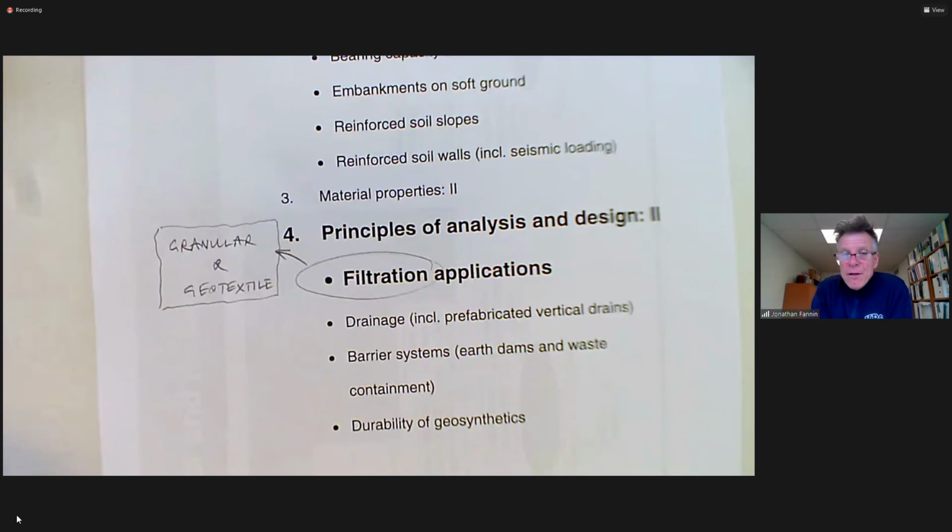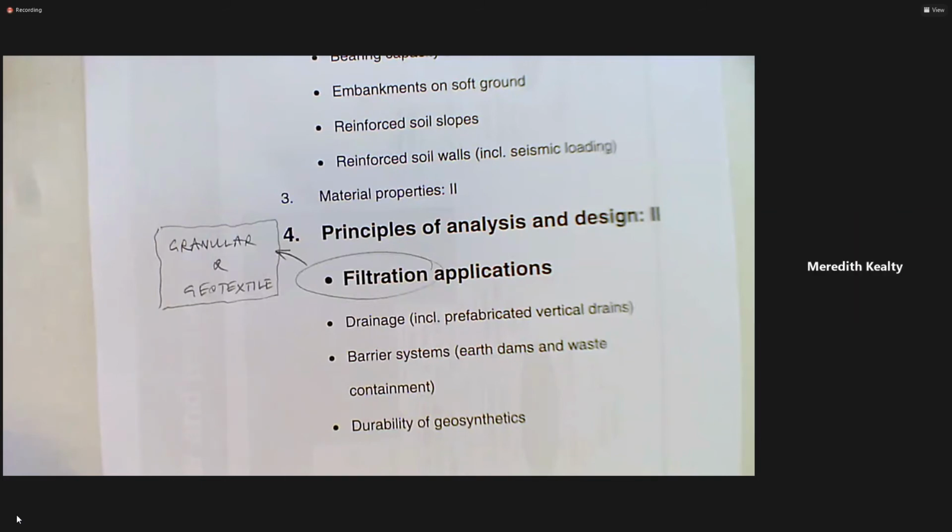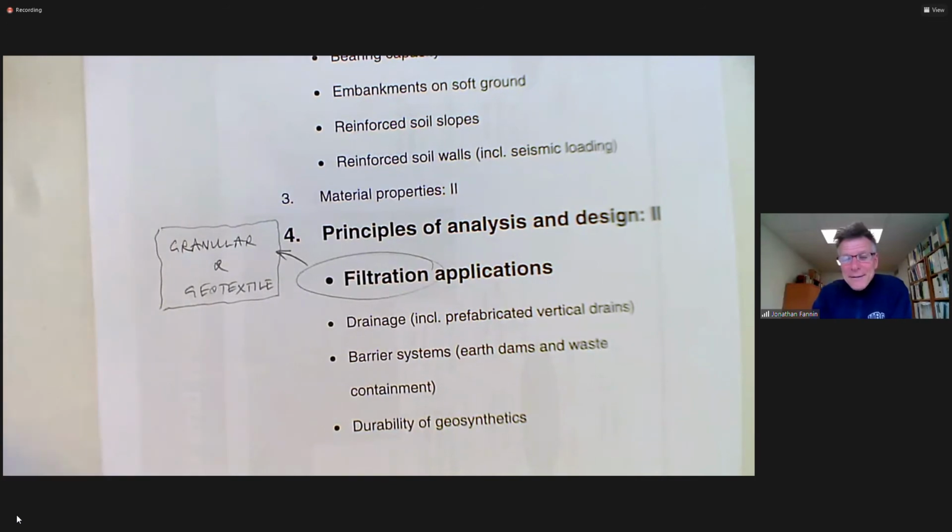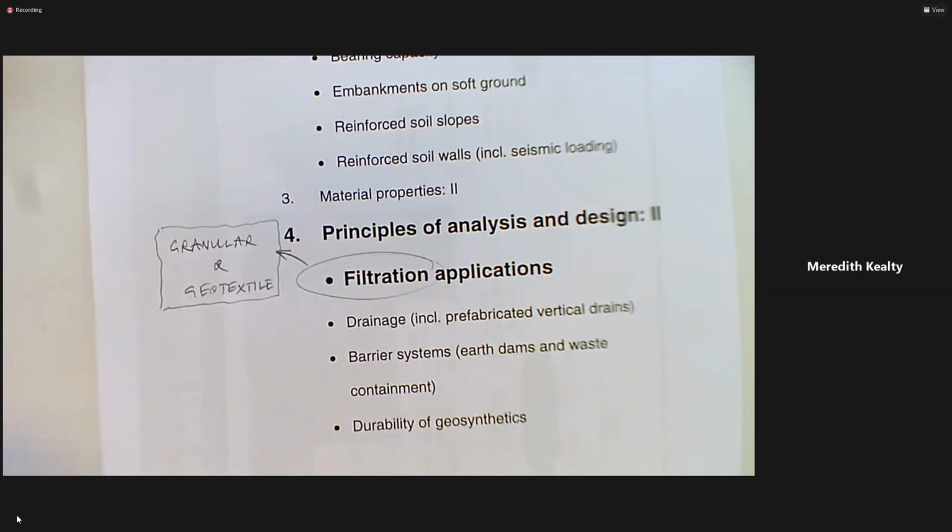And Meredith, and then we'll finish with Emmanuel, but Meredith, please. So my experience is predominantly for tailings dam design, and I've been involved in both granular and geotextile design. Predominantly just wrapping granular filters for finger and toe drains underneath embankment raises or buttresses.